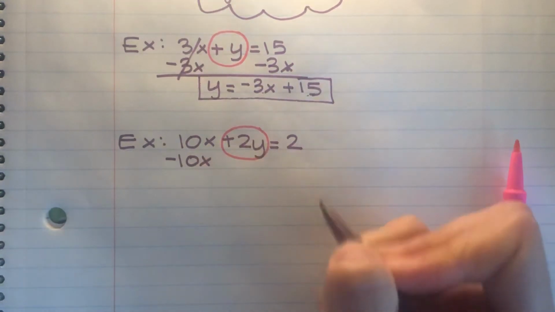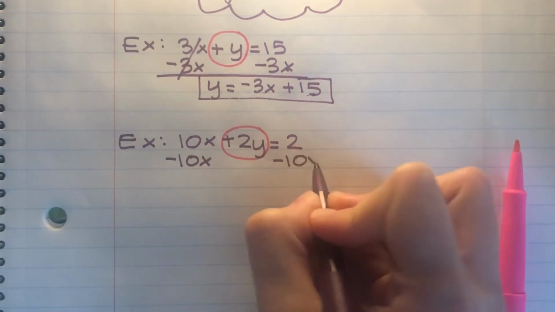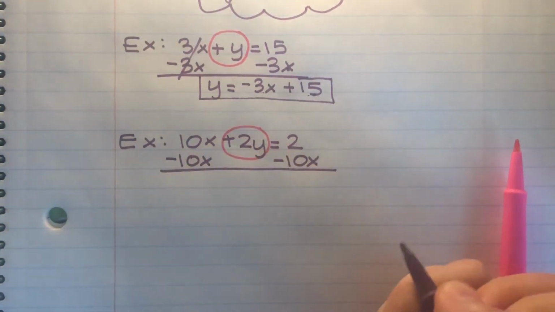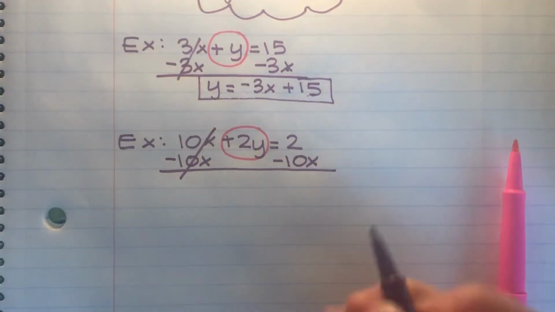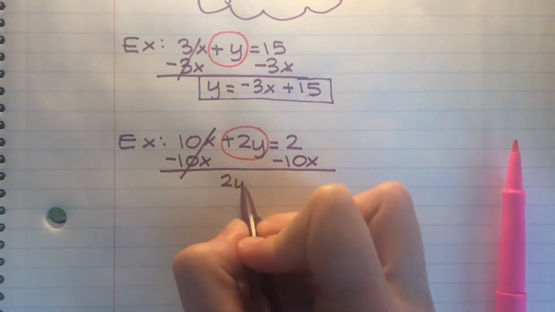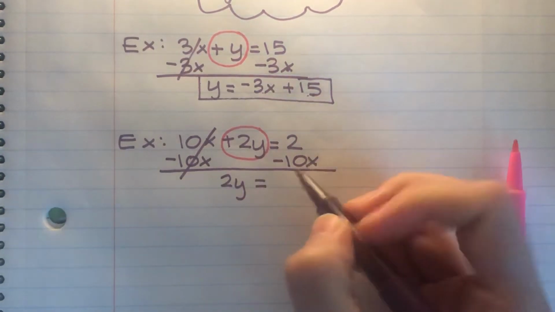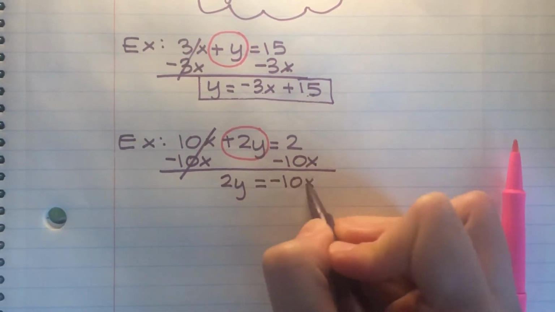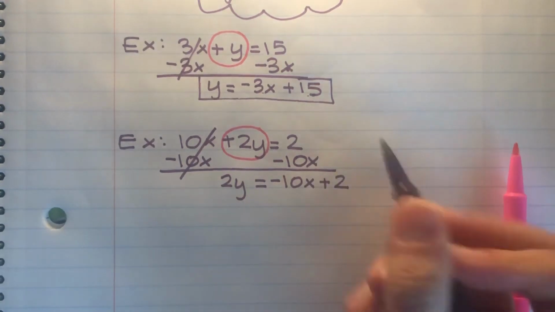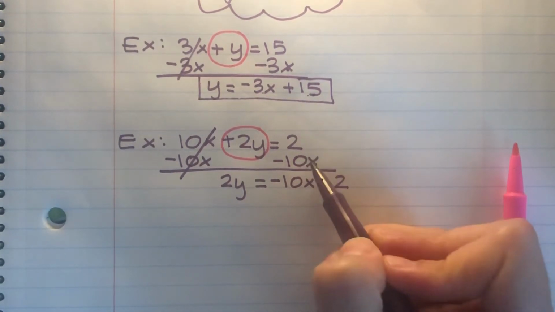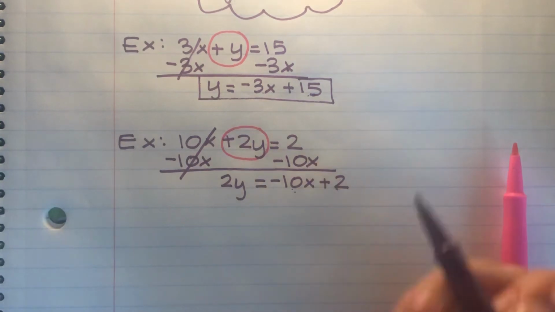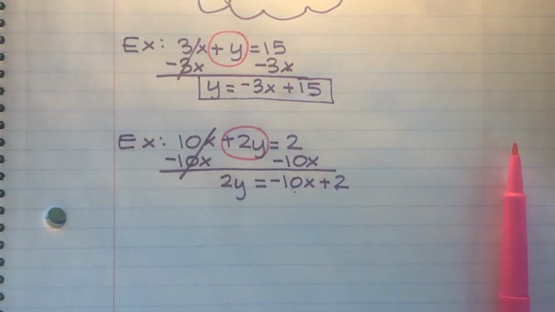And remember, everything I do to one side of my equation, I have to do to the other side of the equation. My 10x's cancel out, and I rewrite what I have left. So we have 2y equals negative 10x plus 2. Again, these are not like terms, so we want to keep them as separate terms in our final equation.